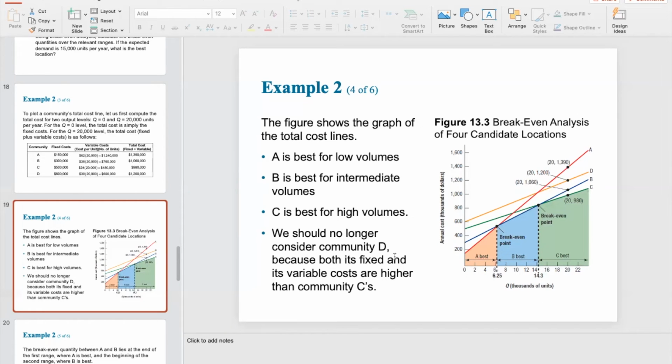So after we plot out the corresponding curves and also calculate the break-even point, and by looking at this figure, with the nice support of data visualization, you can clearly see that when your Q level is relatively low, then it's better to set up your factory at community A. However, when Q level is at the median level, then probably it's better to build up your factory at community B. And if Q continues to move up and reach a high level, then in this specific example, probably community C is better.